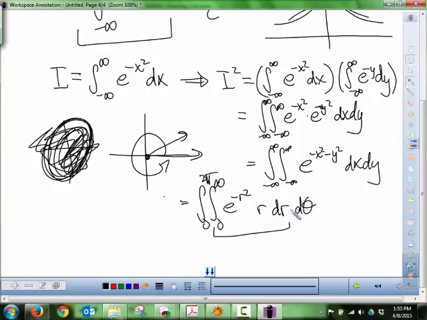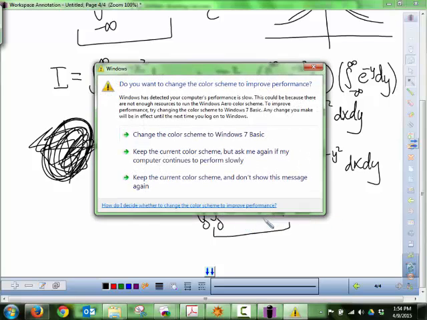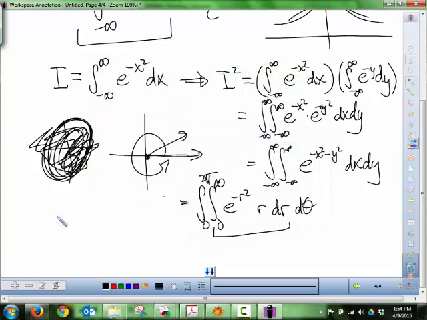Okay? Now, is this so impossible anymore? So it looks like we can take it apart again, right? So let us imagine that one part of this is going to be the integral from 0 to 2 pi of d theta, which is just going to be theta, which is just going to be 2 pi. But I'm more concerned about doing this integral.